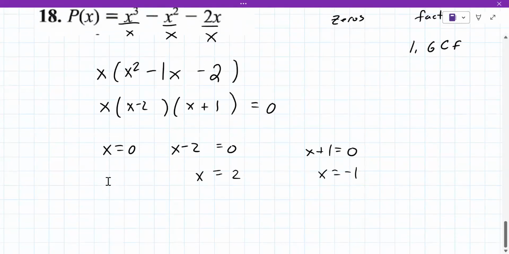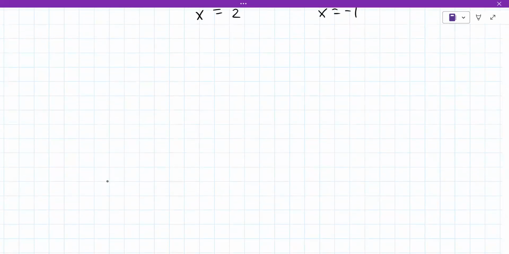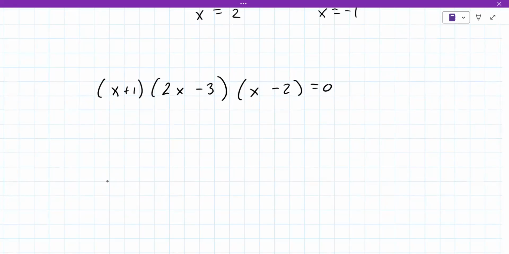So let me throw one other thing at you here. Let's just say it's x plus 1, 2x minus 3, and x minus 2 equals 0. Could you solve these?